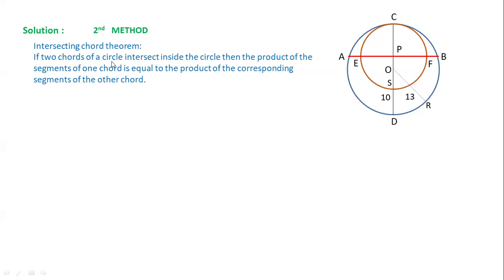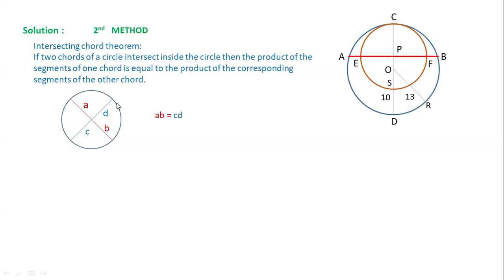If two chords of a circle intersect within the circle, that means they are intersecting inside the circle, they form two parts. So the figure will be like this. This is how the figure looks. Clear? Just see the figure.